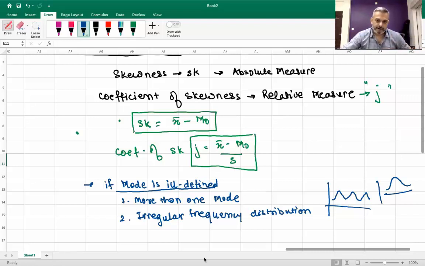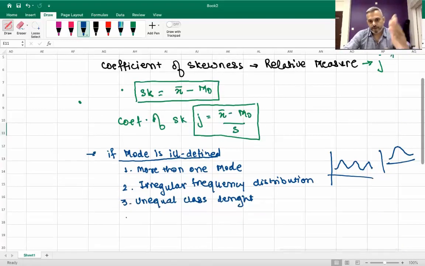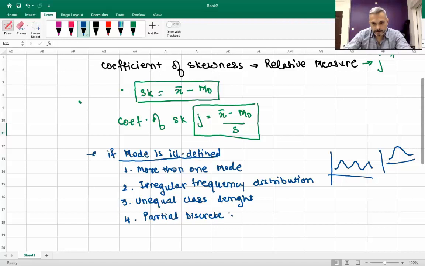It's irregular. Then third, unequal class length. Unequal class length, so if it's unequal, we can't use this normal formula for mode. And fourth, partial discrete and partial continuous.